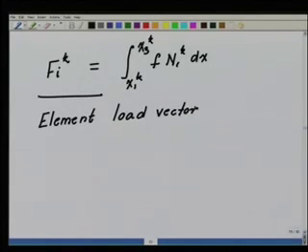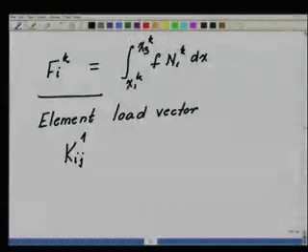So this will go to the element load vector. Okay. So once I have these, now what do we have to do? We have to find the correspondence between these element level entries and the global entries, that is, where in the global stiffness matrix should this K_ij go.